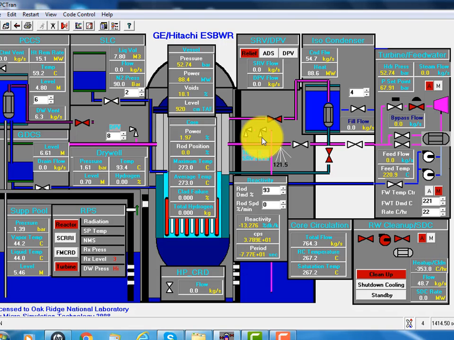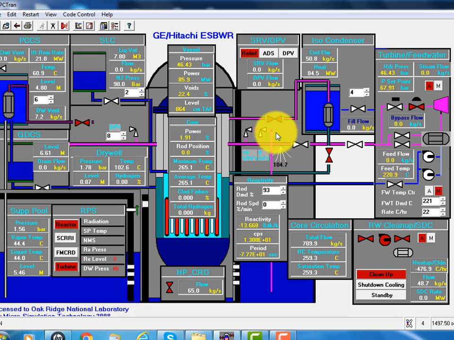The safety reliefs are on the steam line, and it has ADS, that is the automated depressurization system mode. The common relief valve mode is when the pressure is too high, it will open. But right now the pressure goes down.